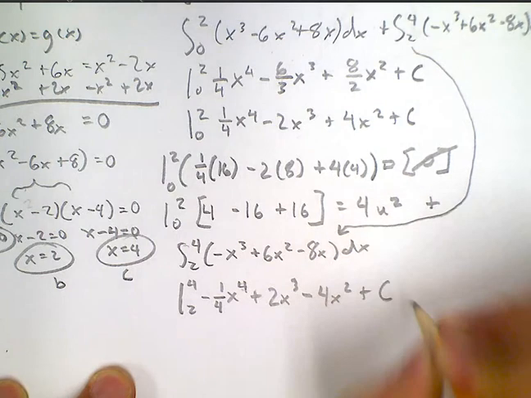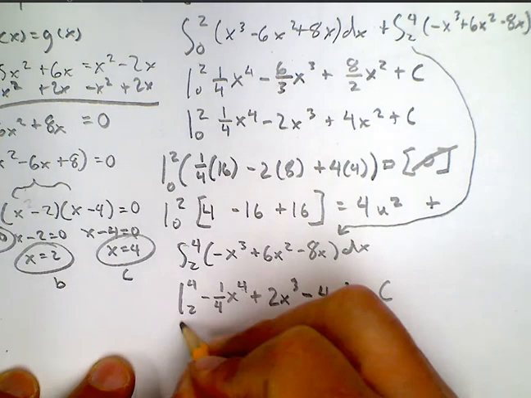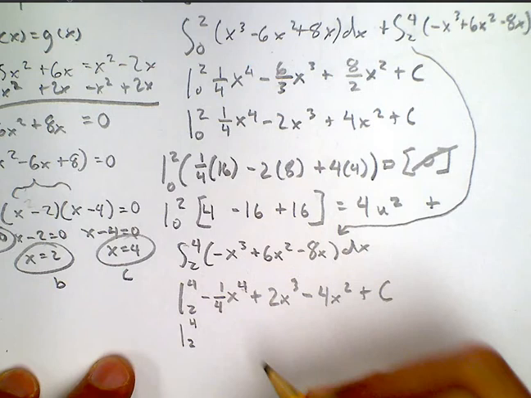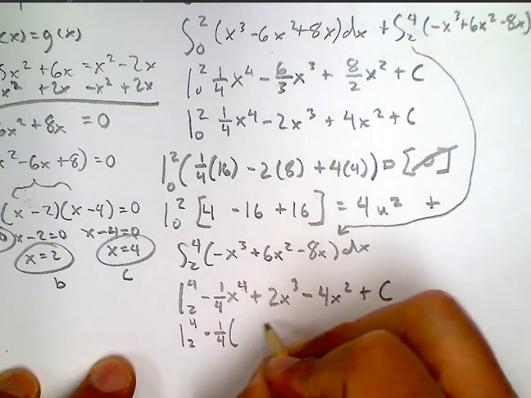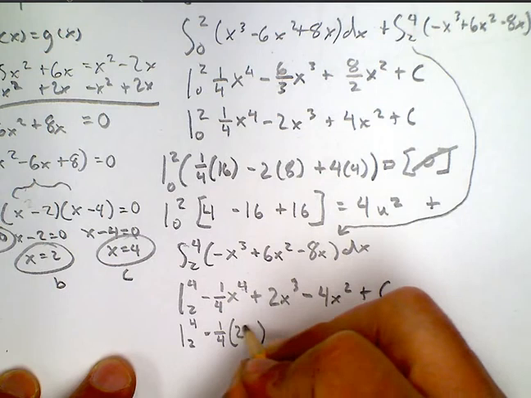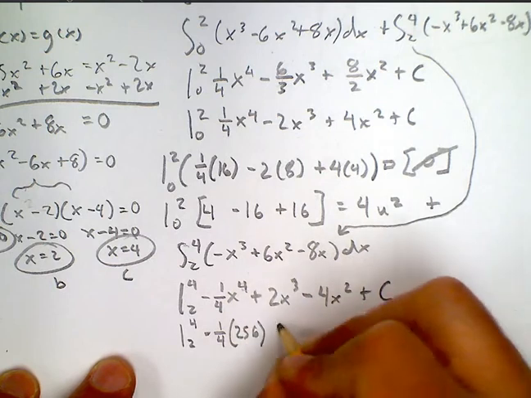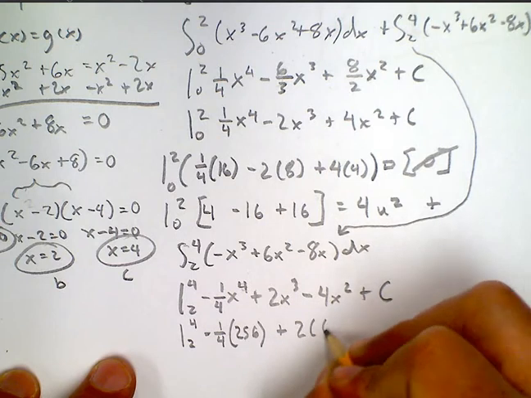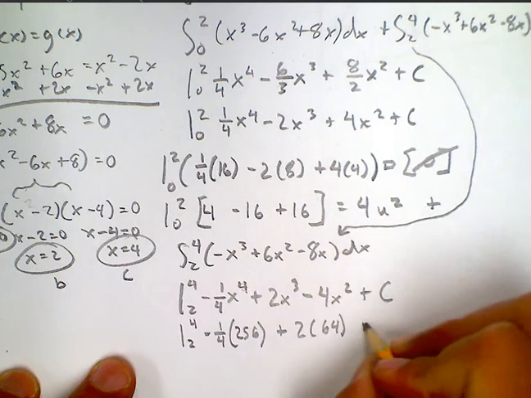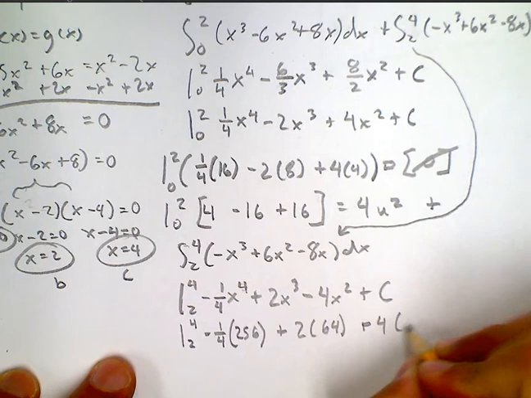Alright, and then I have, getting fancy, 4 to the 4th power, what is it? 256. Plus 4 to the 3rd power, what is it? 64. Minus 4 squared is 16.